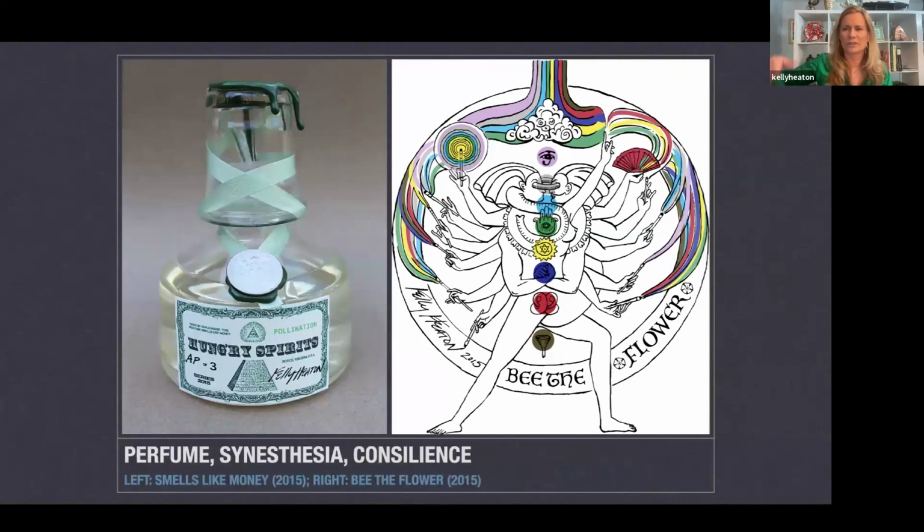So I'm going to keep moving on just so we can cover ground. I can come back to some of these things, but in Pollination, again, I've already told you I was really interested in moving from traditional media, so painting and traditional sculpture, into electronic media. And that took me to think, well, why not then move into the realm of perfumery? And so I became a perfumer as part of this exhibition.